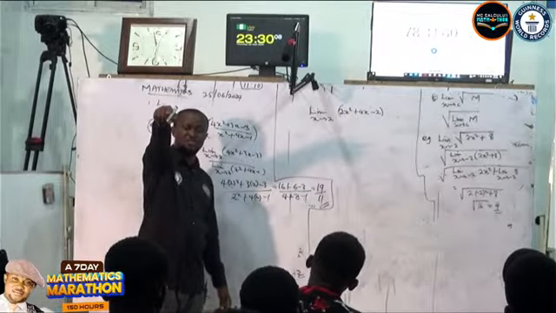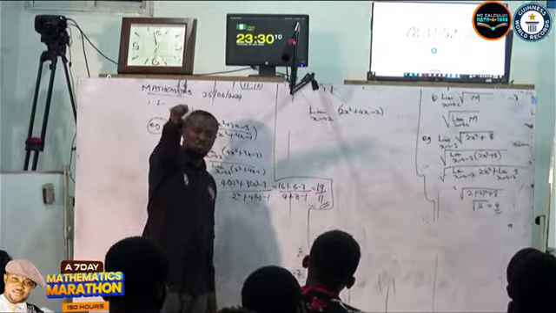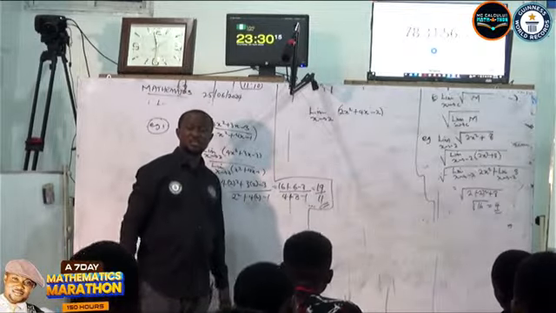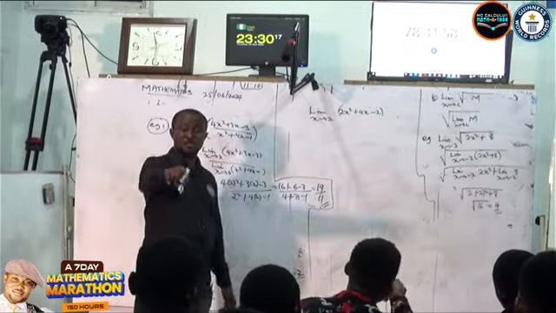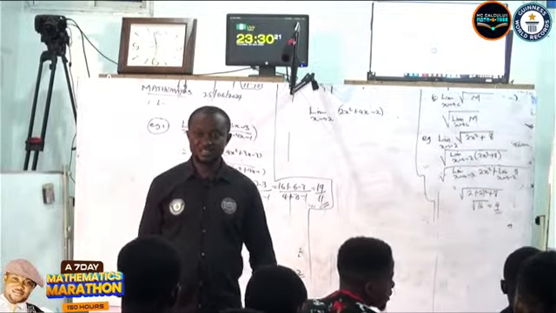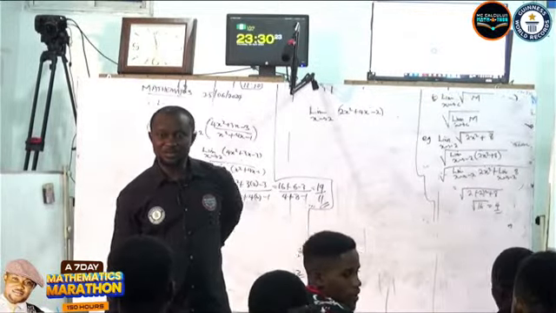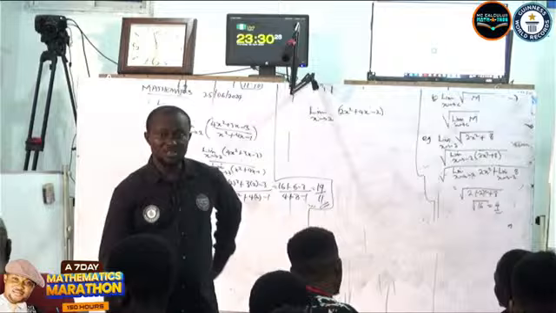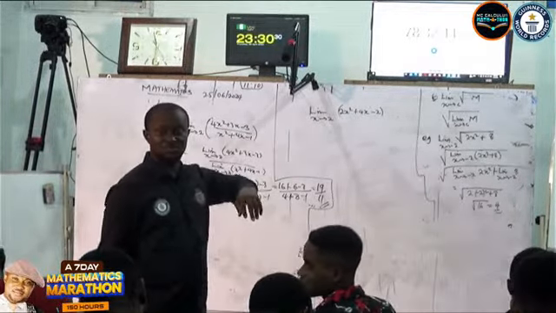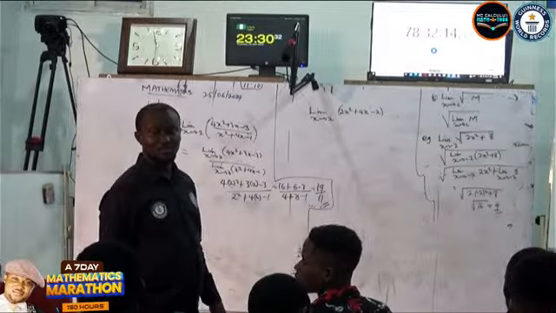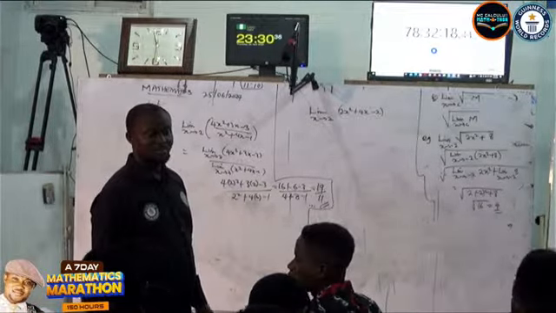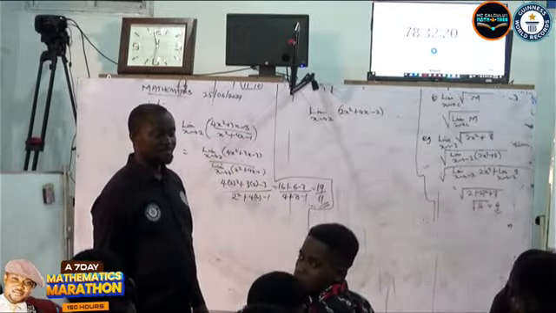You at the back with red. Wait, my friend, what's your name? Blessing. What is the limit as x tends to 2 of 2x squared plus 4x minus 2? Udom?